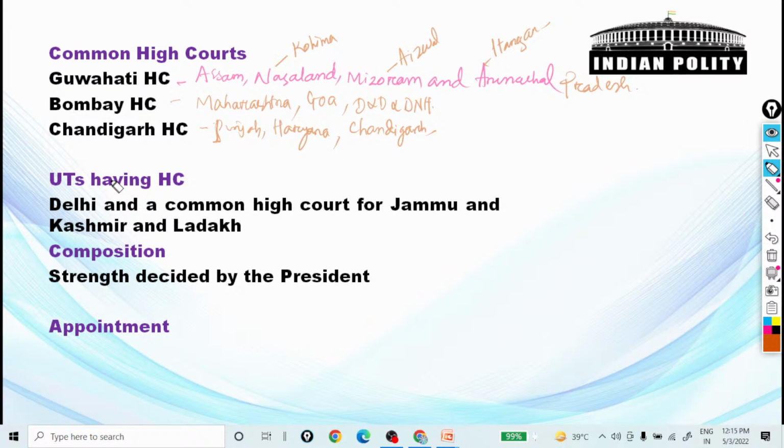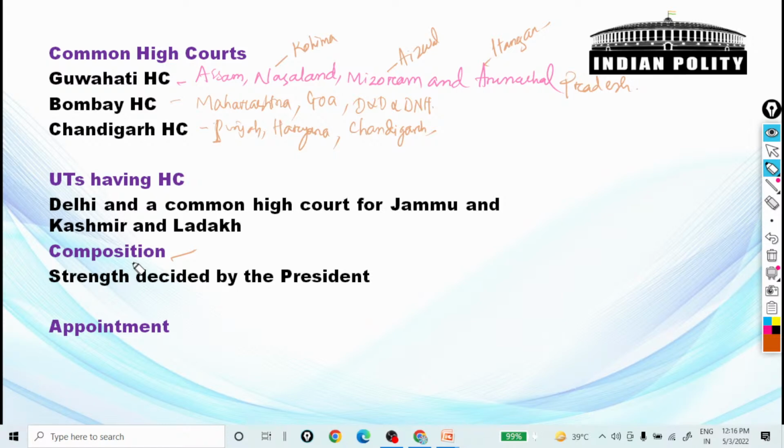Then composition and strength. The strength of High Courts is not uniform across the country because, depending upon the size of the High Court or the population of the state, the strength is decided. So strength varies from court to court. The smallest strength is found in Sikkim, having 3 judges, and there are more than 100 judges in Allahabad High Court.